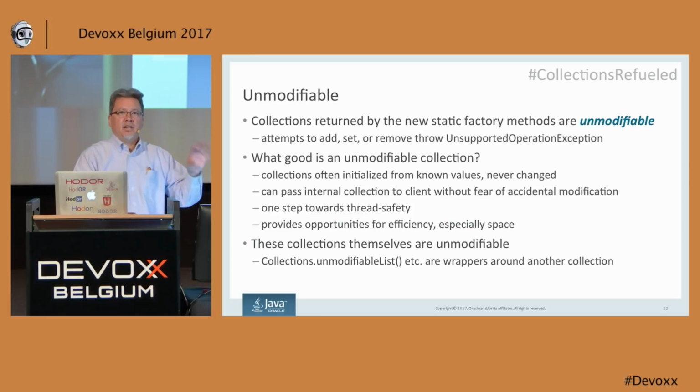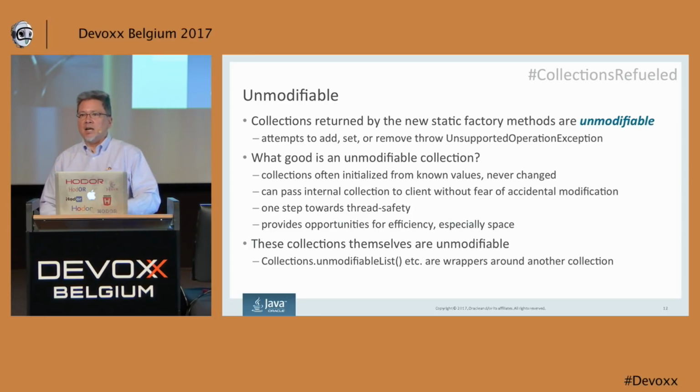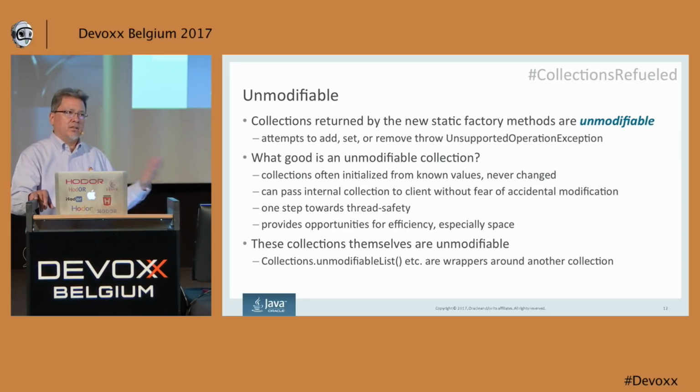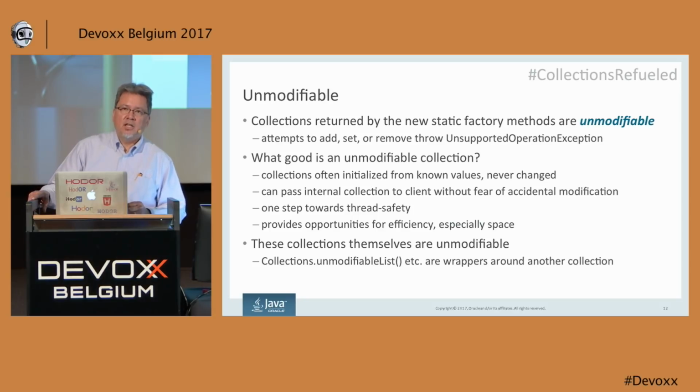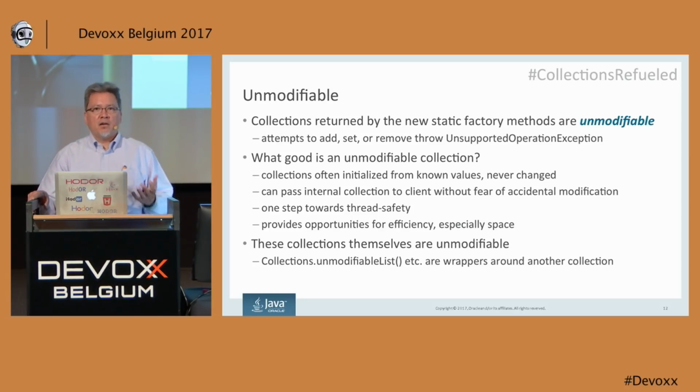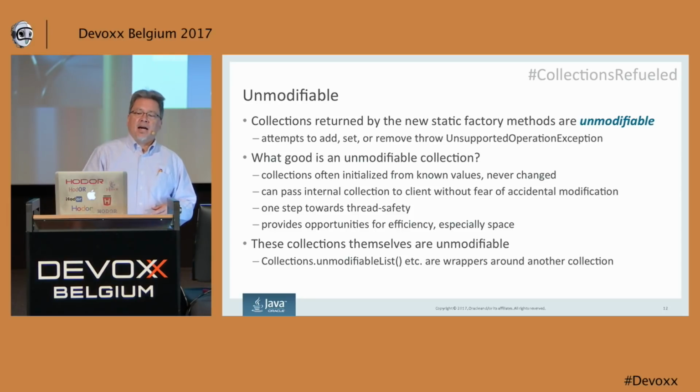No, there's no magic here. The collection itself is unmodifiable, but if you put a mutable object inside of one of these collections, then the whole thing is still mutable. There's a more precise definition of what it means to be unmodifiable, which is that there's a family of methods, add, set, and remove, and there are a handful more.